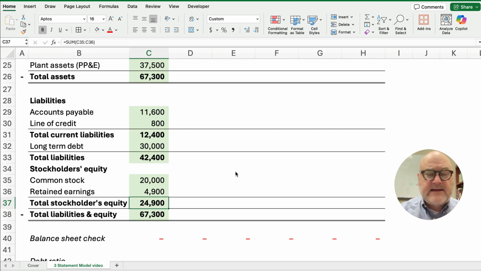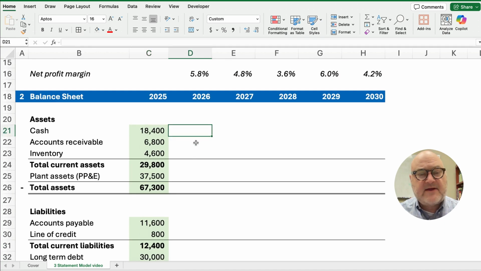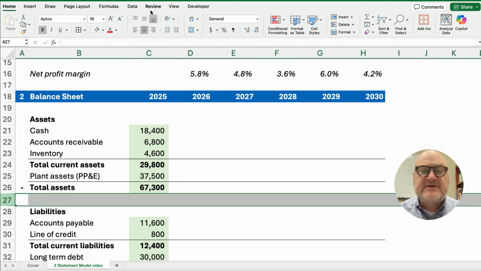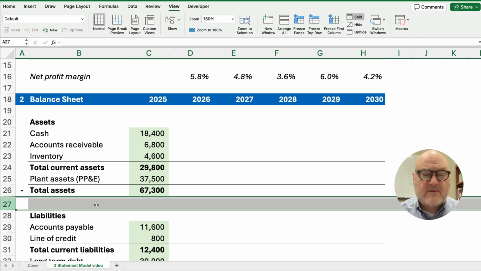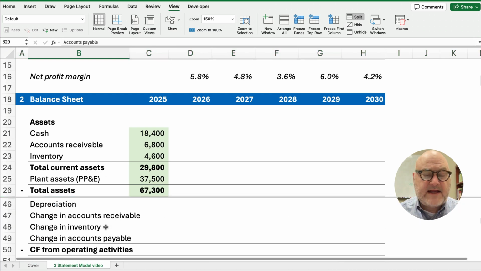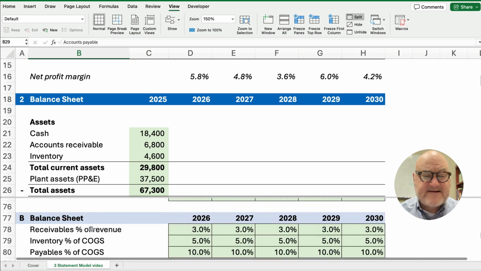Okay. Now to build, we're going to start building from scratch and everything. One thing we won't know is how to do cash quite yet. So let's do accounts receivable. I'm going to go back and do my split screen here. Now the accounts receivable, we've got an assumption way down here on the balance sheet.